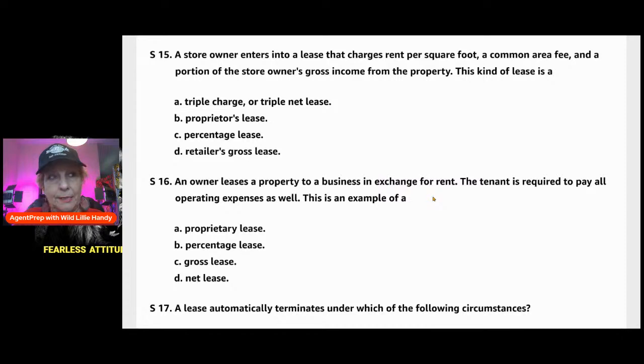That's typically how it is, right? However, sometimes owners want everything paid. And so what does that make it? Yes, that makes it a net lease. Okay, they're paying all operating expenses: property insurance, property taxes, maintenance, utilities, and rent.